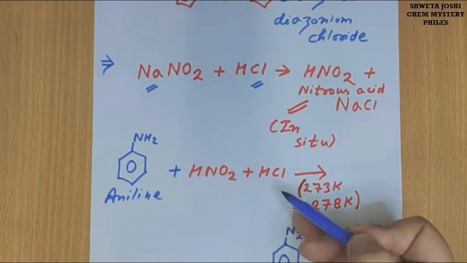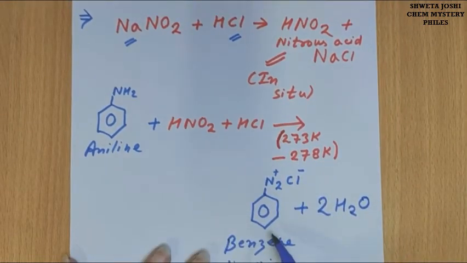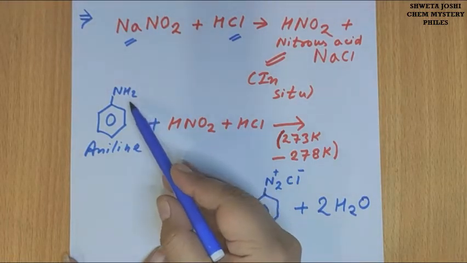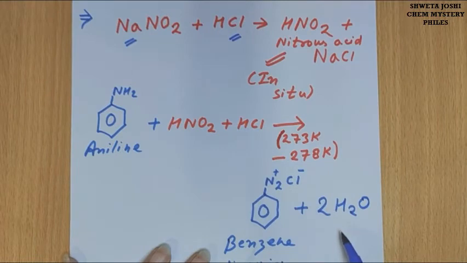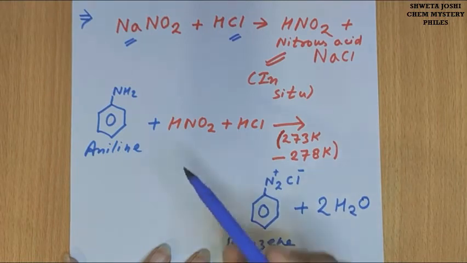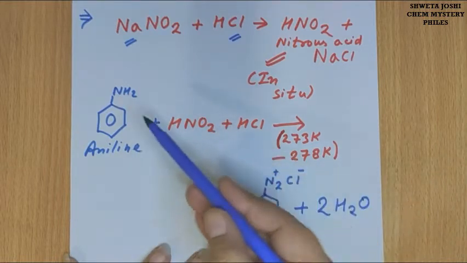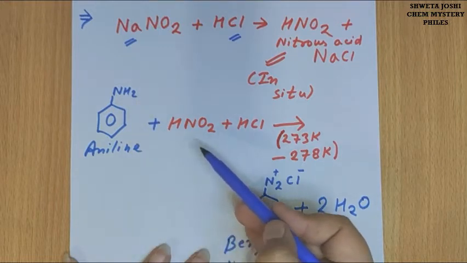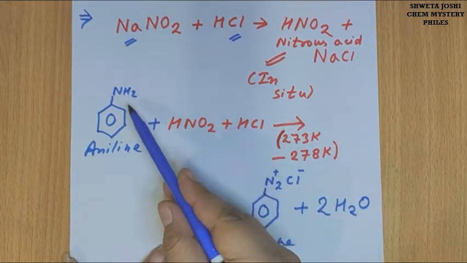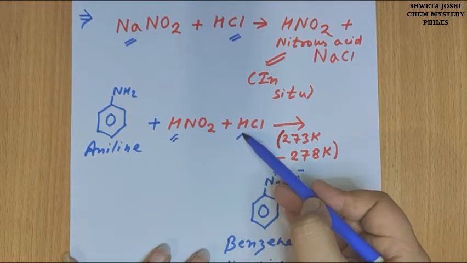The hydrogen atom is replaced by a Cl group and benzene diazonium chloride is formed, and the hydrogen atoms will be removed along with the oxygen in the form of water. This nitrogen will combine here, it will be N2. This Cl will combine here, it will be N2Cl, and the leftover hydrogens. How many hydrogens are there? 2 hydrogens of aniline, 1 hydrogen of HNO2, 1 hydrogen of HCl.